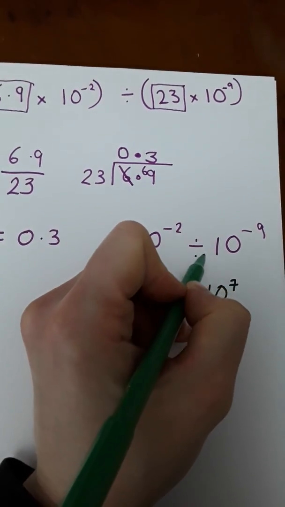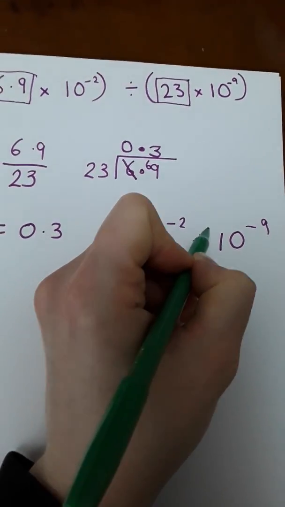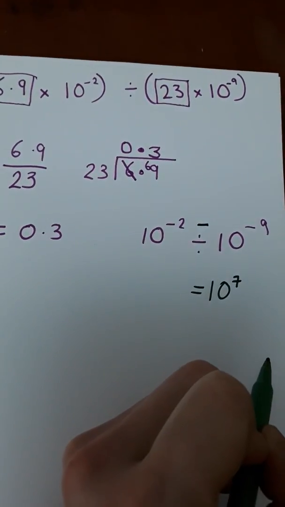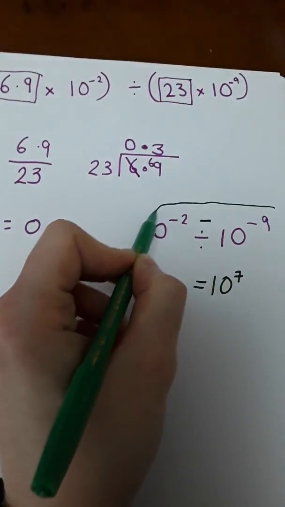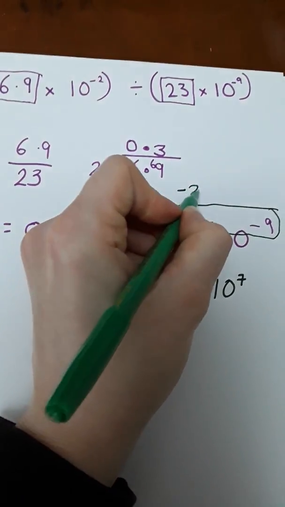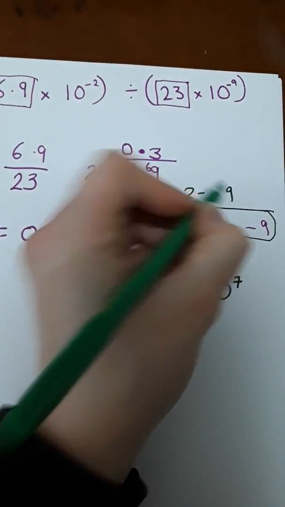People forget that they always have to write a symbol for their sign. Now when we divide powers, it takes them away from each other. So actually what we have written here is minus 2 minus minus 9.